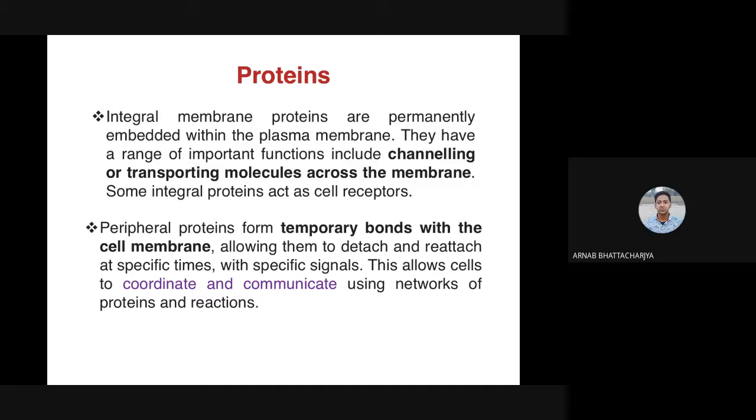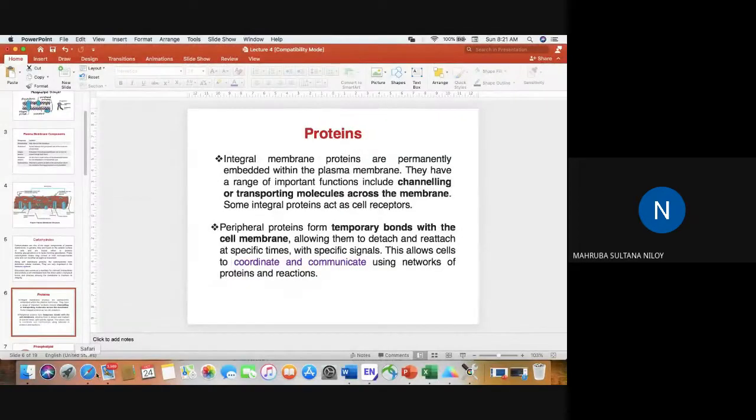So peripheral proteins can detach and reattach with the cell membrane based on specific signals, and they can coordinate and communicate using a network of proteins.